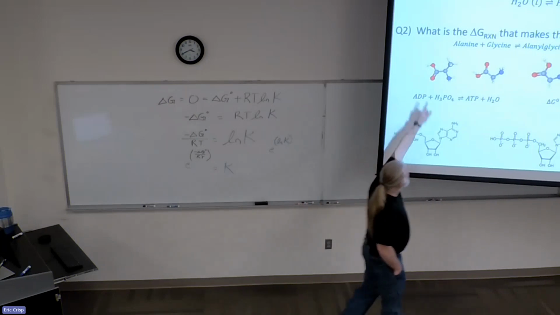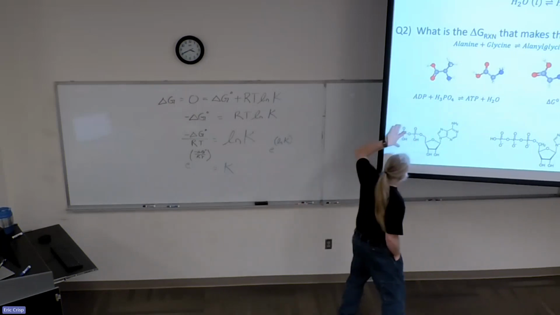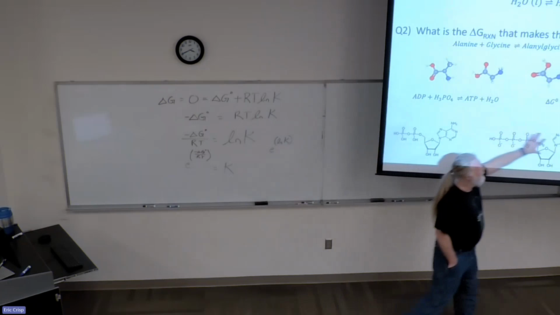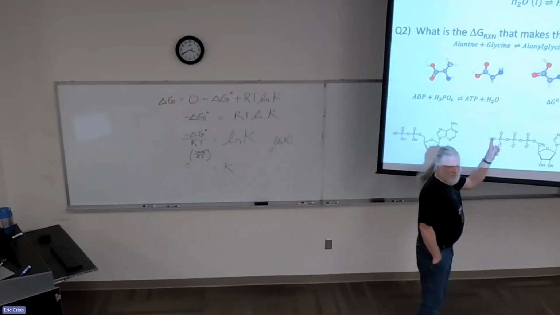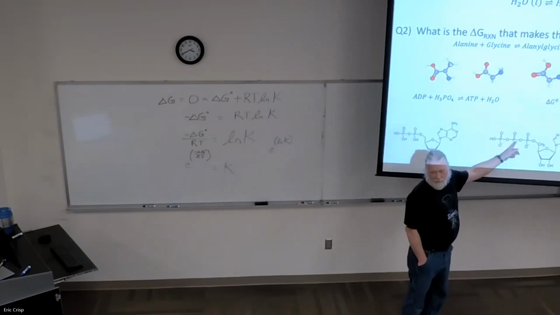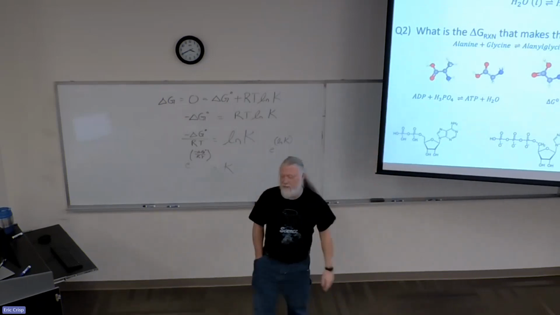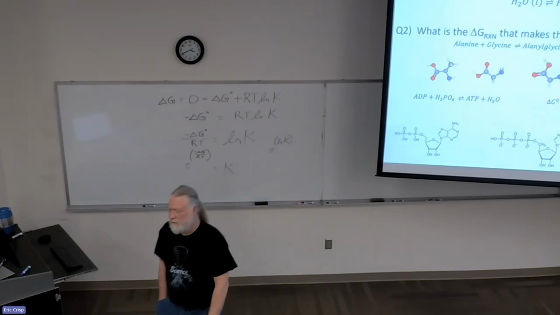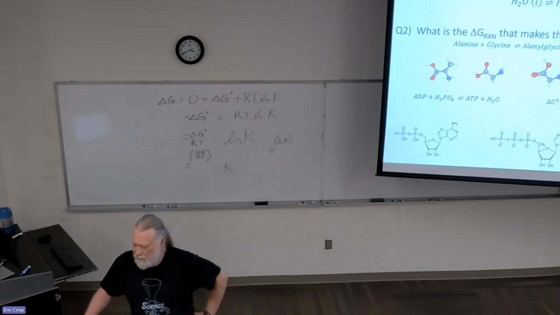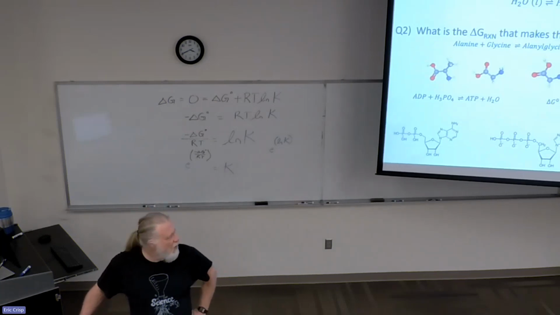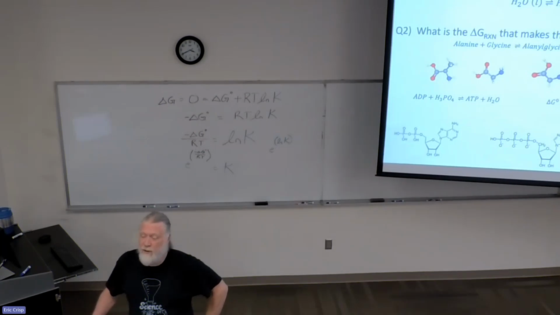Here's the protein synthesis. Here's ADP and here's the ATP. These are the 3 phosphates, making it triphosphate. Those are your 3 phosphates on there. So that is non-spontaneous, right? So you have to couple some other reaction to that to make it go.